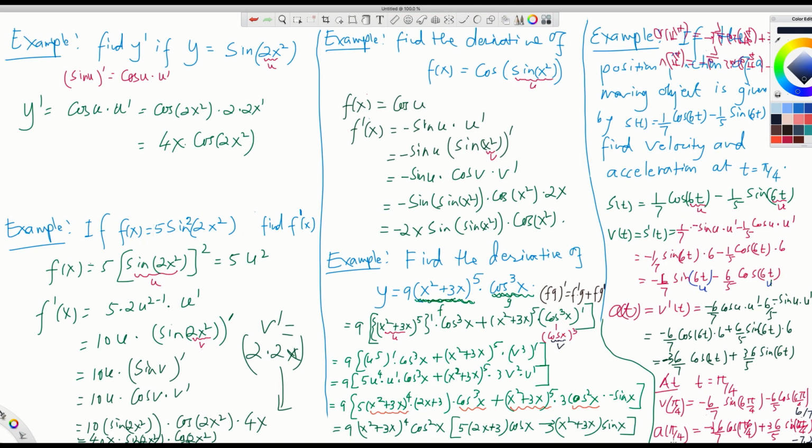And if you plug into the acceleration at t equals pi over 4, negative 36 over 7 cosine 6 pi over 4 plus 36 over 5 sine 6 pi over 4, you will get negative 7.2. Okay guys, thank you.